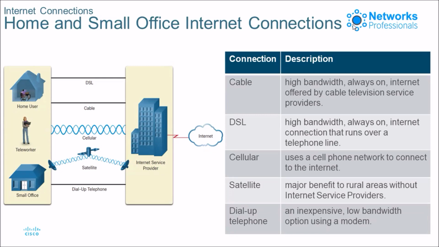Satellite. The availability of satellite internet access is beneficial in those areas where normal internet connections are not available and that would otherwise have no internet connectivity at all. Satellite dishes require a clear line of sight to the satellite.